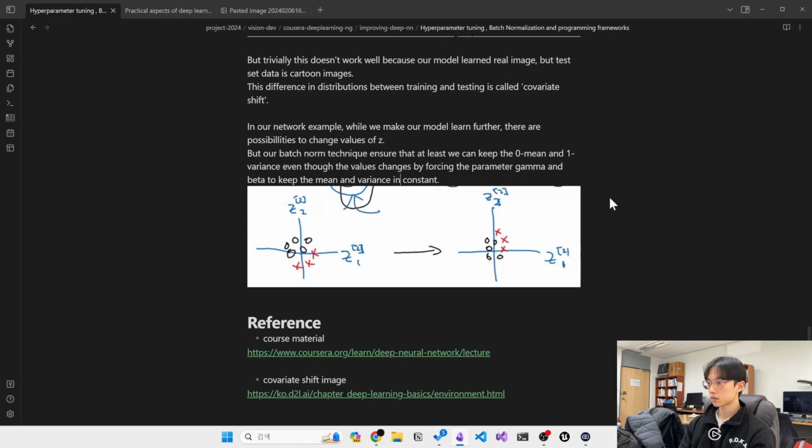And so similar to dropout, this adds noise to the hidden layers and therefore has a very slight regularization effect.